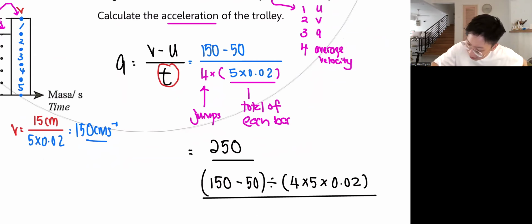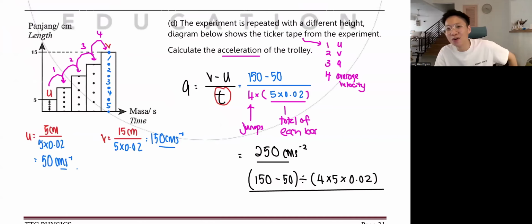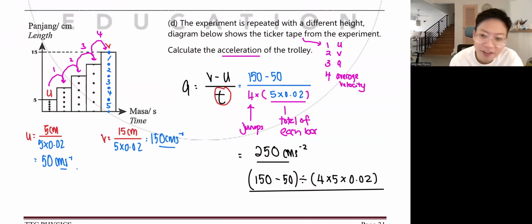Can or cannot? Unless you have the pay-to-win calculator. Wait, let me count again. 250. Hey Braden, don't play me. 0.250. Okay, never mind.